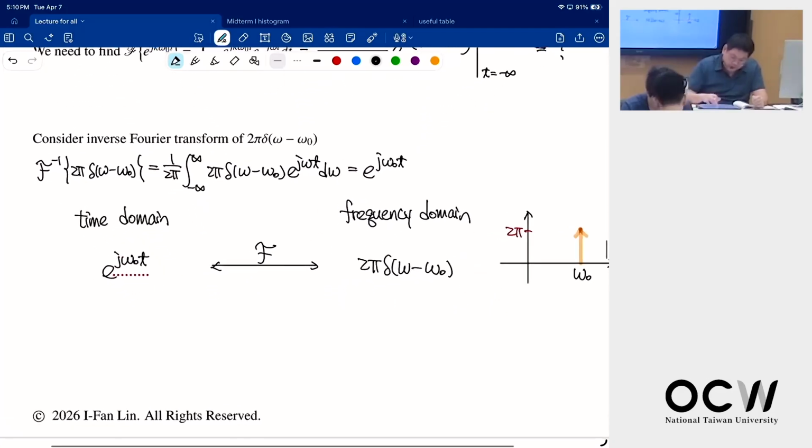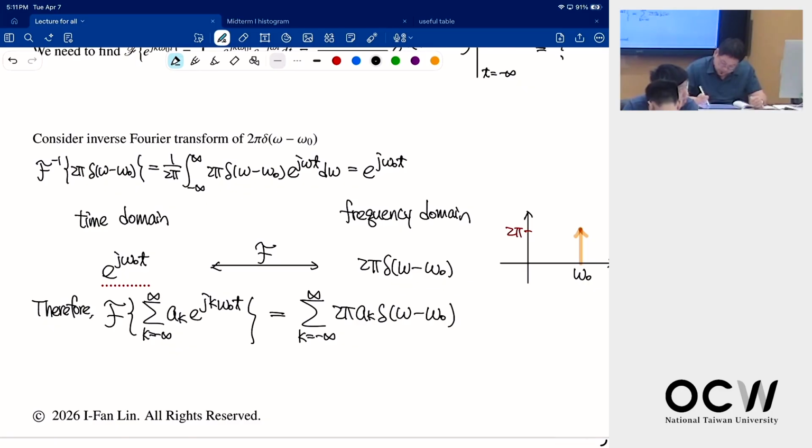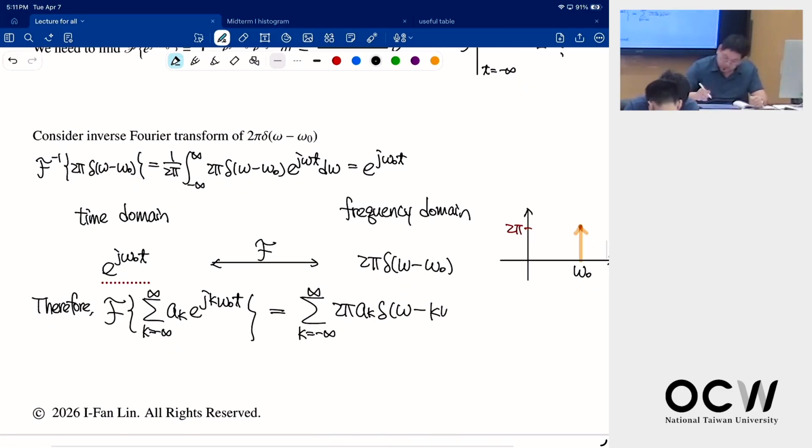If I take the Fourier transform of the sum of a_k e to the j k omega naught t, then it becomes a sum over k from minus infinity to infinity of 2 pi a_k times a shifted delta function, at k omega naught.